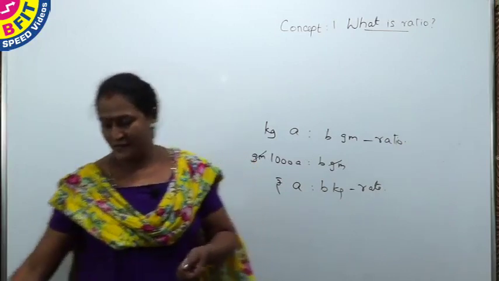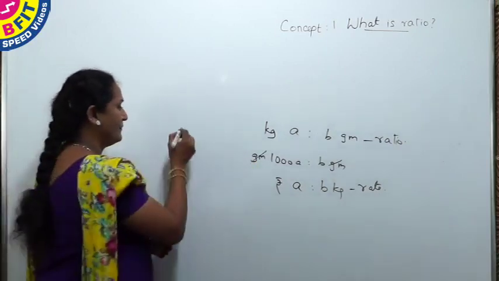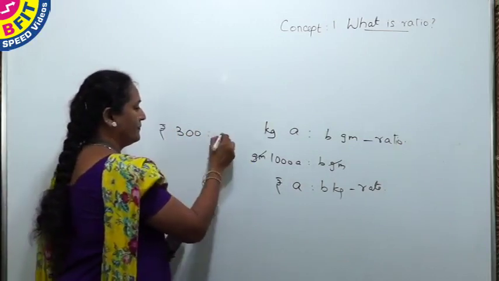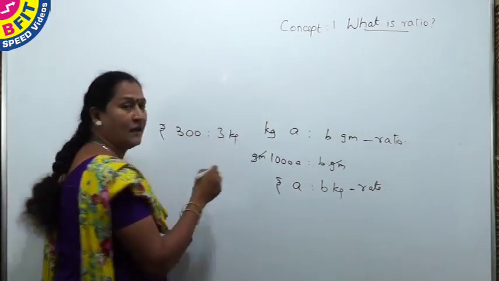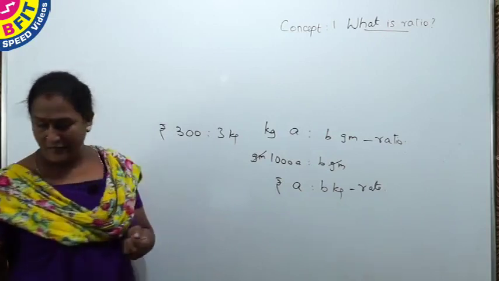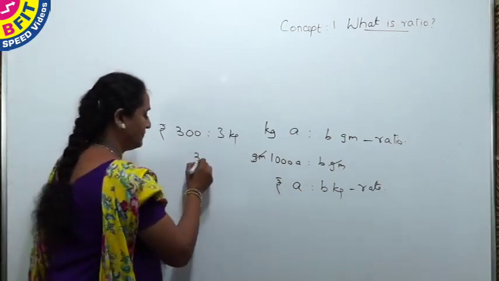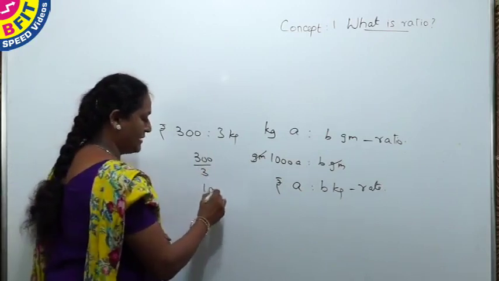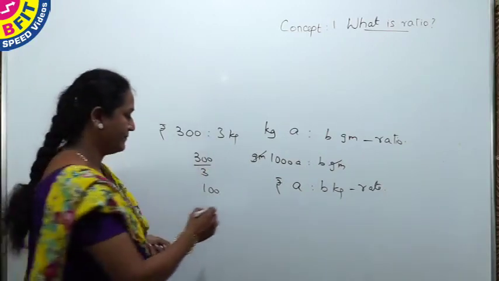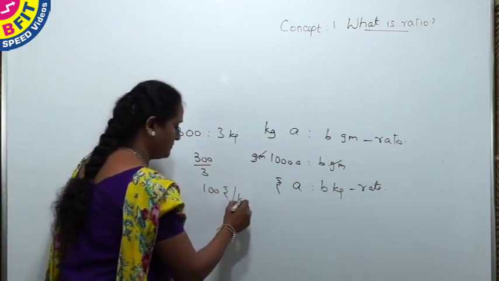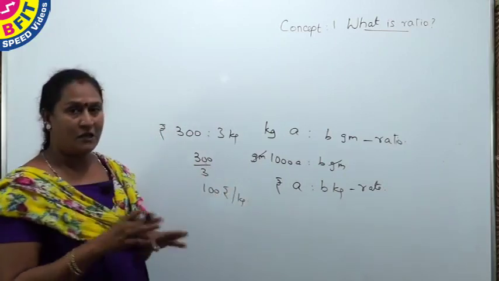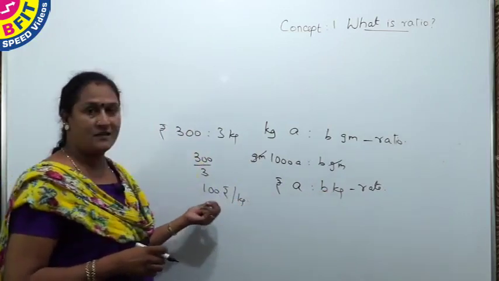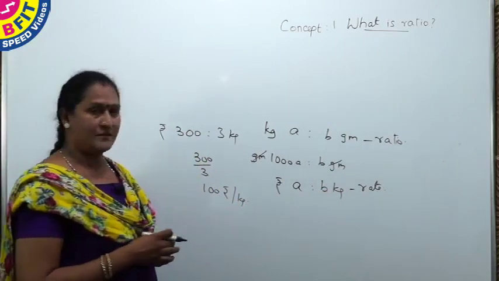Say for example, if it is 300 rupees and 3 kilograms, here we get 300 by 3, where the cost per kg is 100 rupees. So when they are not comparable, it is termed as rate. Here the cost per kg is at the rate of 100 rupees.